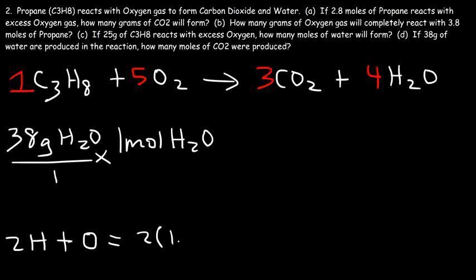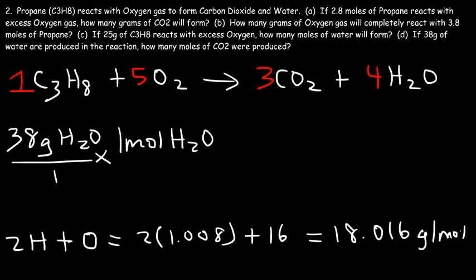Each hydrogen atom is 1.008. We got to times that by 2 and then add 16 to it. So the molar mass of water is 18.016 grams per mole. So 1 mole of water has a mass of 18.016 grams.